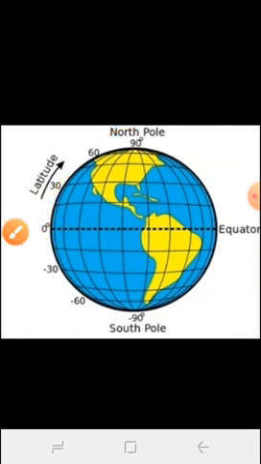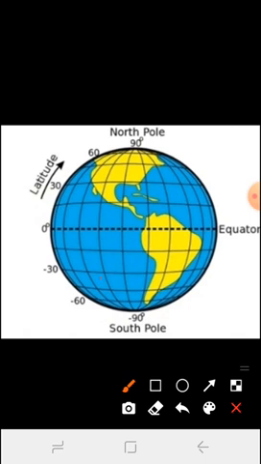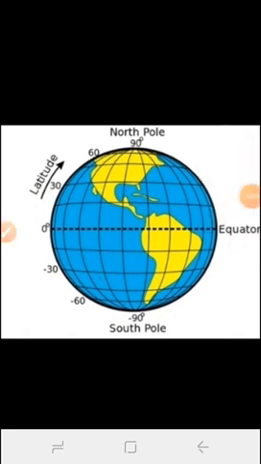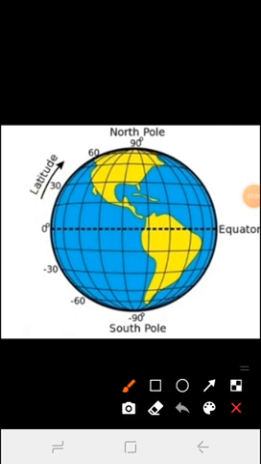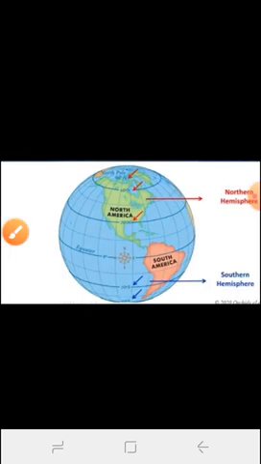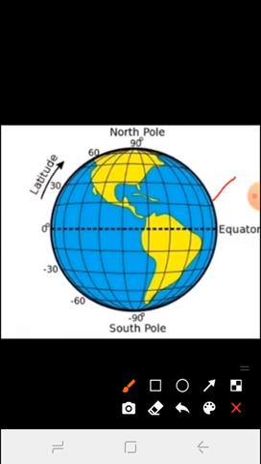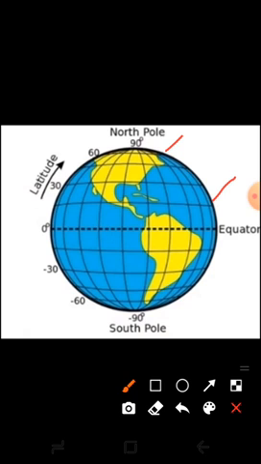Another thing, you can see that the latitudes which are numbered as 1, 2, 3 are very close to the equator, and the numbers 60, 70, 80 up to 90 are far away from the equator.